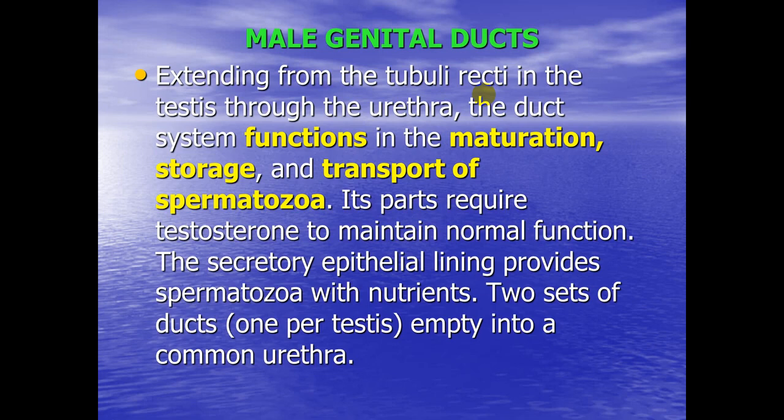First there are the straight tubules, which attach to the seminiferous tubules, and these straight tubules form the rete testis. Now you can see that together all male genital ducts function in the maturation, storage, and transport of spermatozoa.